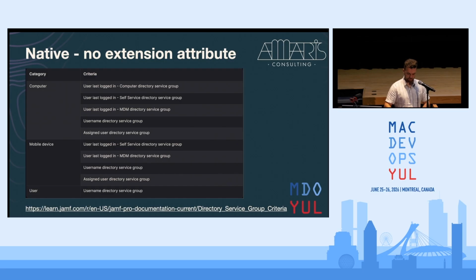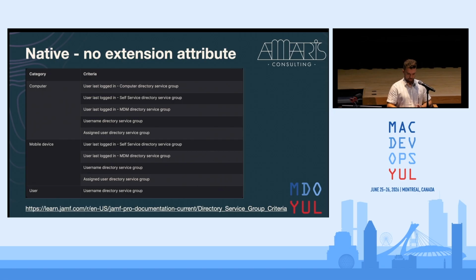But the two most important, or probably most useful, ones I would say are the username and then the assigned user. So username directory service group, what we mean by this one is that it's going to look at the literal string sitting in the username text box under username location.